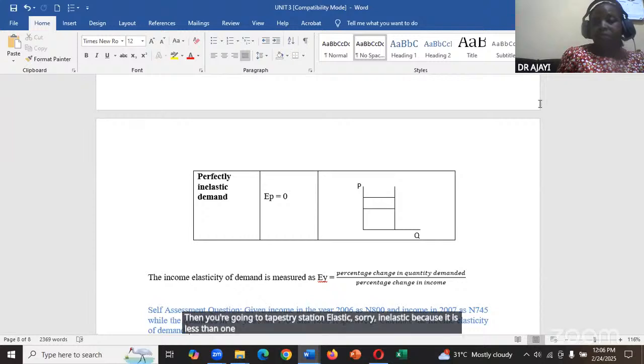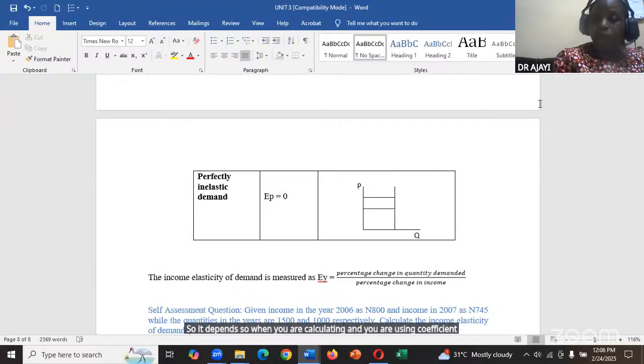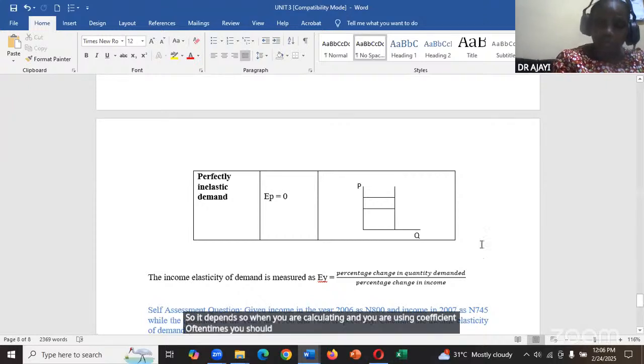You understand? So if you approximate, it can change your interpretation or change the type of demand elasticity you are trying to identify. So it depends. When you are calculating and using coefficients, you should be mindful of approximation so that it will not give you the wrong interpretation.